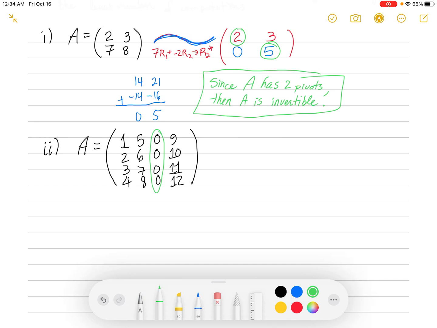Or another way is to say that the columns of A are linearly dependent. Remember, anytime you have the 0 vector, the columns of A are linearly dependent.